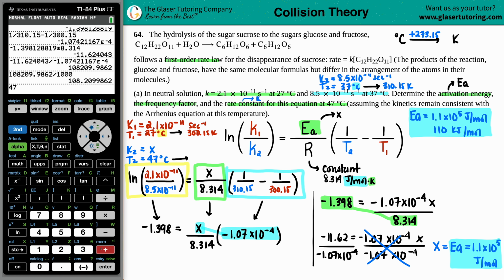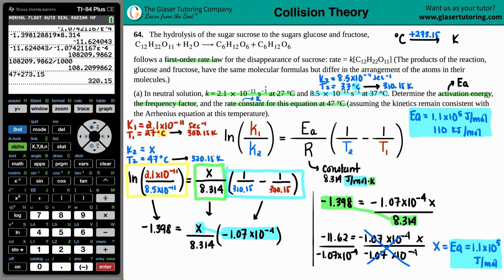So let's do that. 47 plus 273.15. Okay, so we're going to be dealing with 320.15 Kelvin.